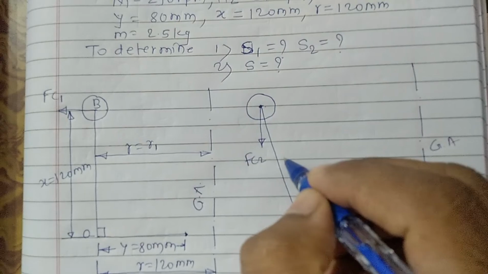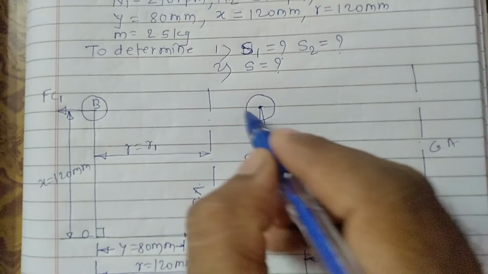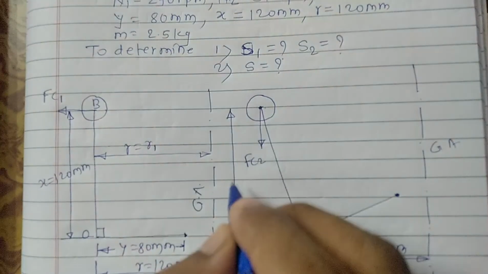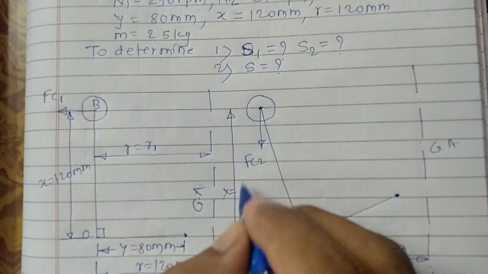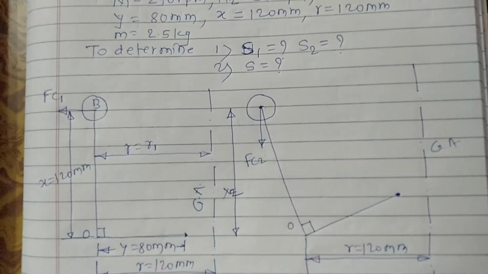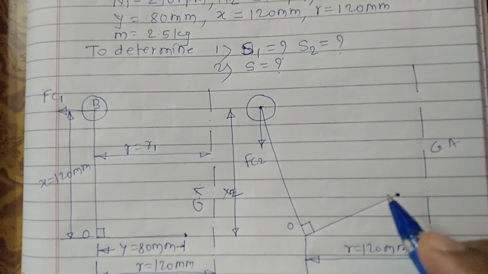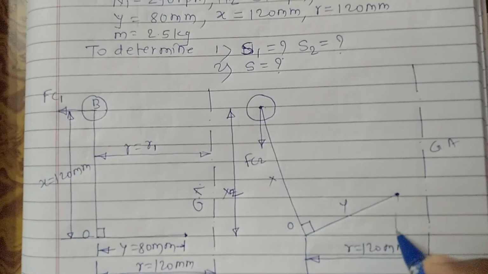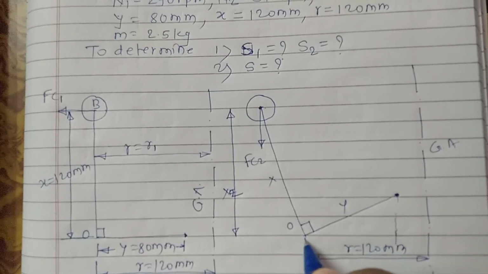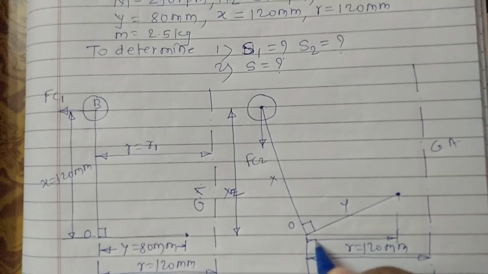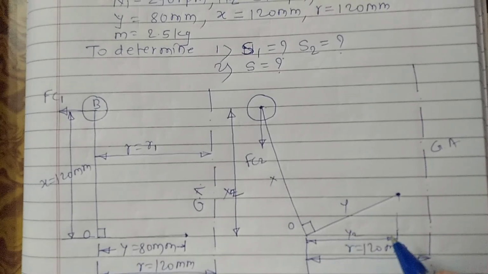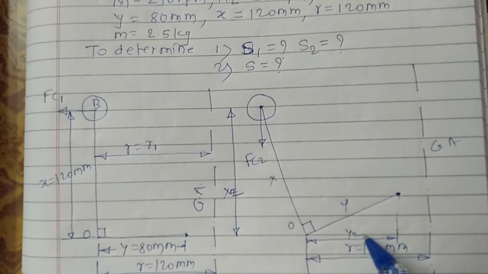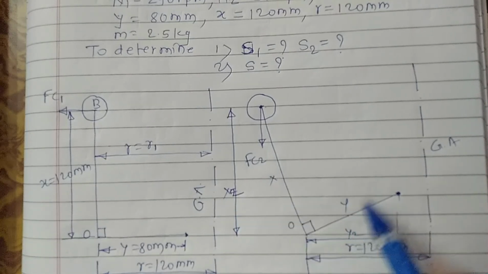The length for this one remains the same, but if you look at this one, this length is x2. Now consider this one as y2. This vertical distance we assume as x2, this one as y2, and this one and this one remain the same.